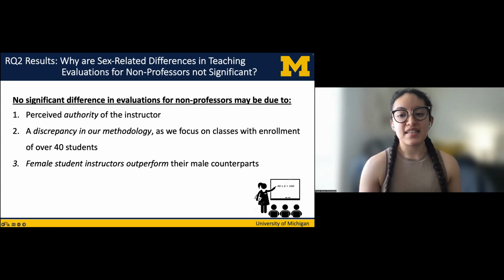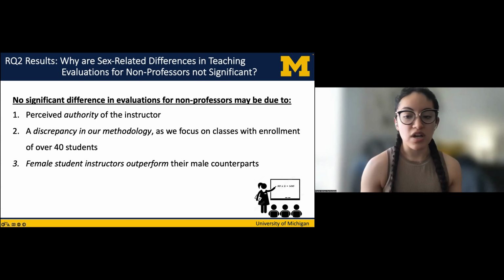So we hypothesized that this is because of one or all three of the following reasons. Maybe sex difference biases may increase with the perceived authority of the instructor, or perhaps there was a discrepancy in our methodology, as we focused on classes with enrollment of over 40 students.